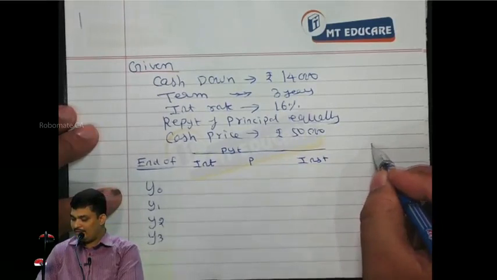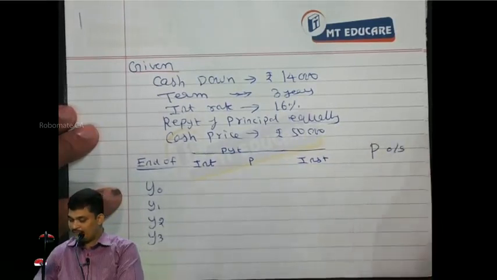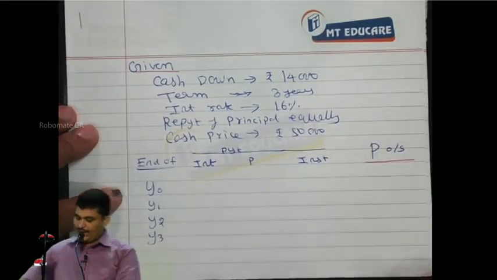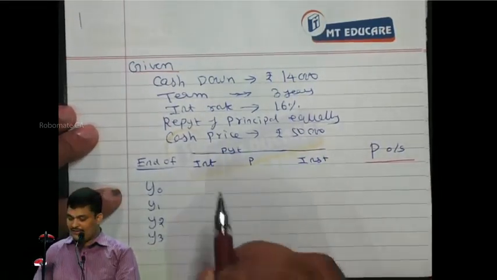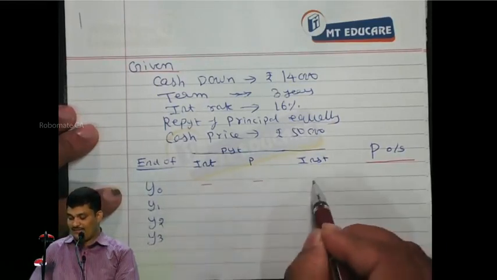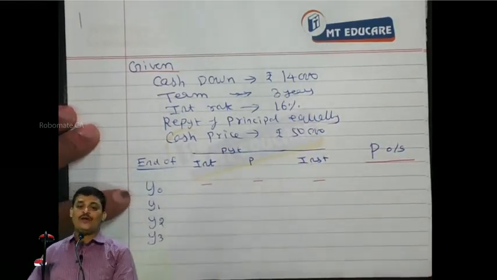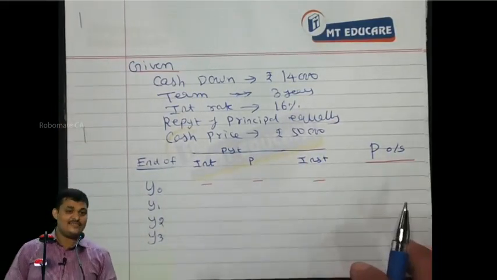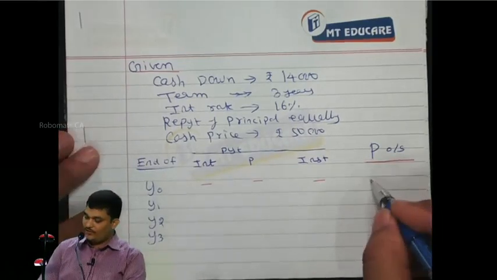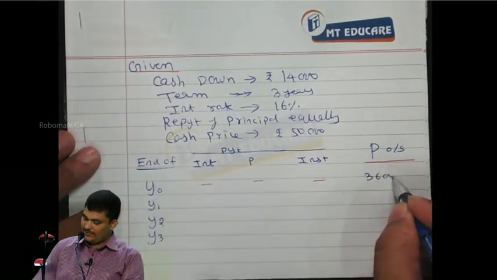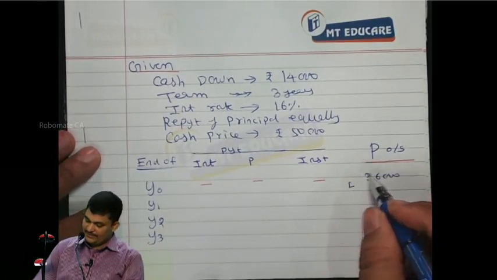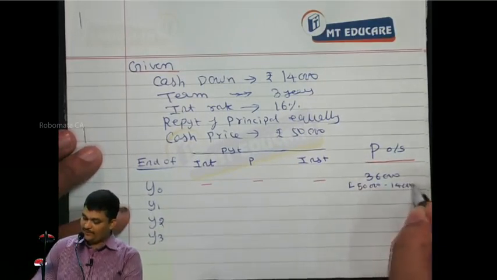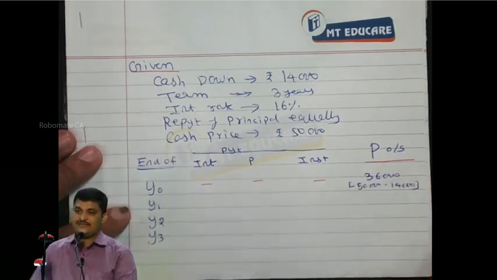Then I have principal outstanding. At the end of year 0, there was no payment; on this date only the loan was taken. And the loan is actually taken not for 50,000. I had cash 14,000, so I have taken the loan for 36,000, which is nothing but principal: 50,000 minus 14,000, cash price minus cash down. Correct?